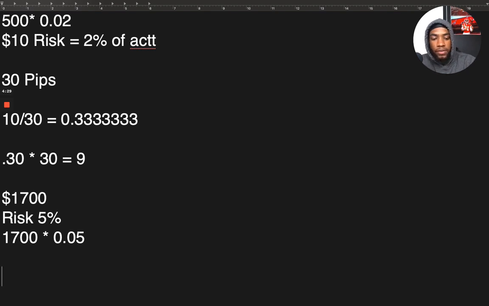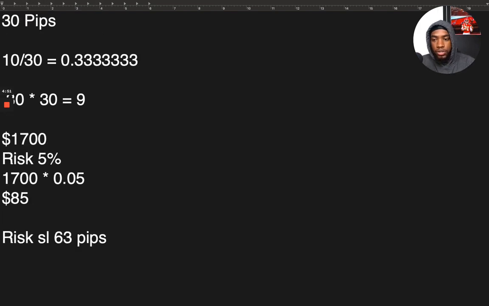So that means we have $85 to risk on this trade. Pretty simple. And let's just say we're risking like 63 pips. I'm just pulling numbers out of thin air at this point. All right. So our stop loss is 63 pips. So now we're just going to take that $85 divided by that 63 pips.